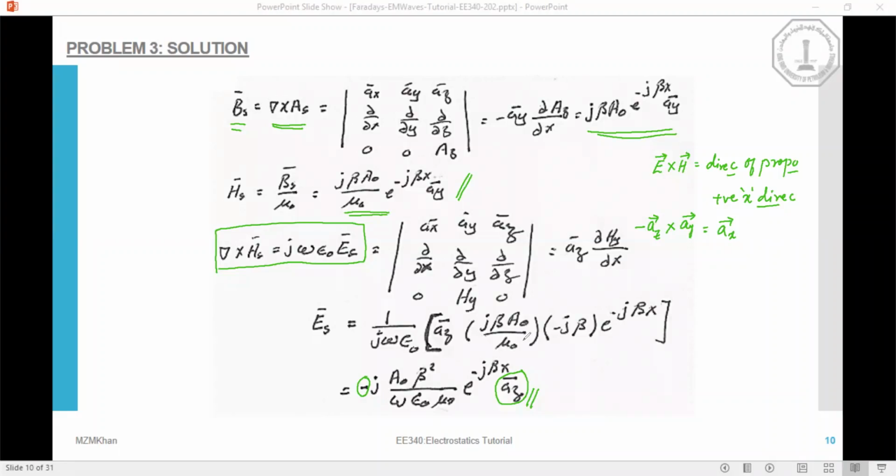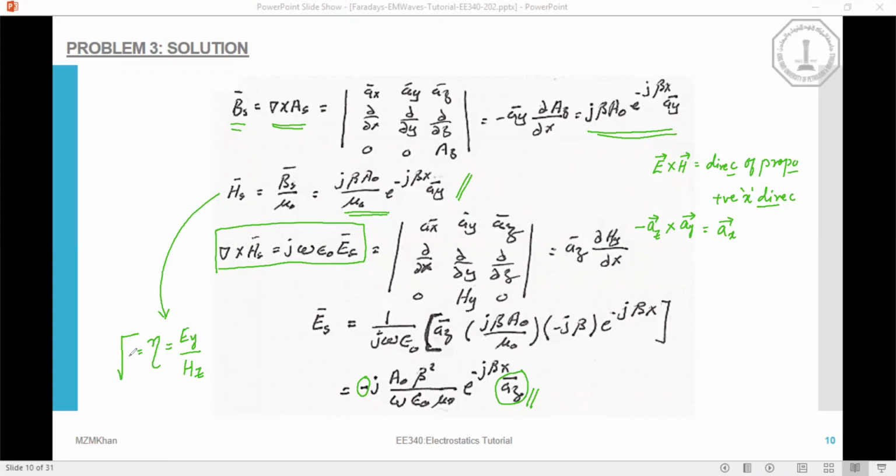Another way, without even using this, how can I get it? We know that eta is equal to EY over HZ. And what is your eta?